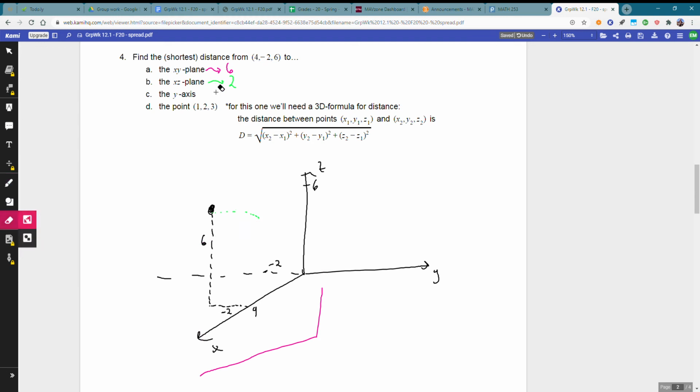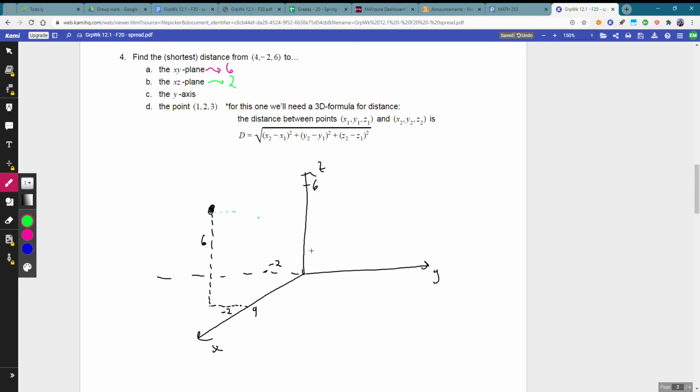What about to the y-axis? So here now, we're not going to a plane where we're trying to push this point the shortest distance possible to the y-axis, which is hanging out back here. And again, the fastest way to do that, the shortest distance, is just going to be straight there.